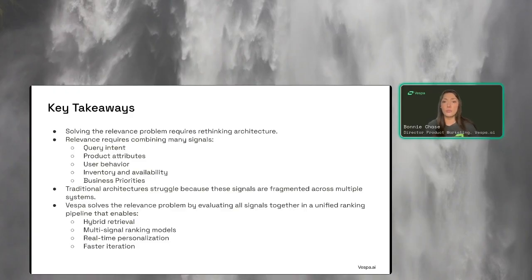This architecture makes it much easier to build more intelligent ranking systems and really enables you to balance customer intent, product quality, and business goals at the same time. And ultimately, that leads to better outcomes around product discovery, customer experiences, and business results.